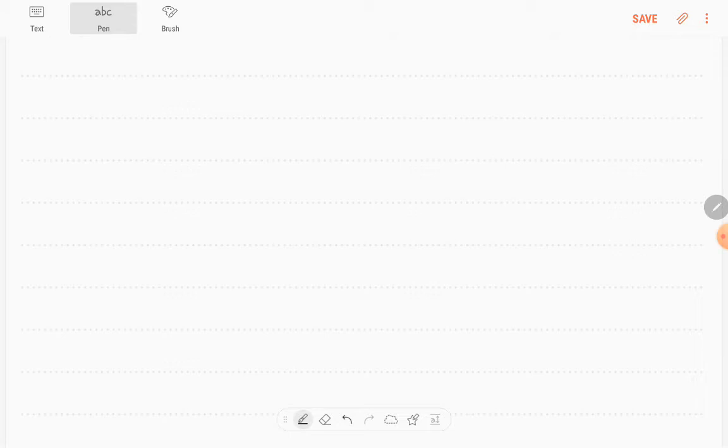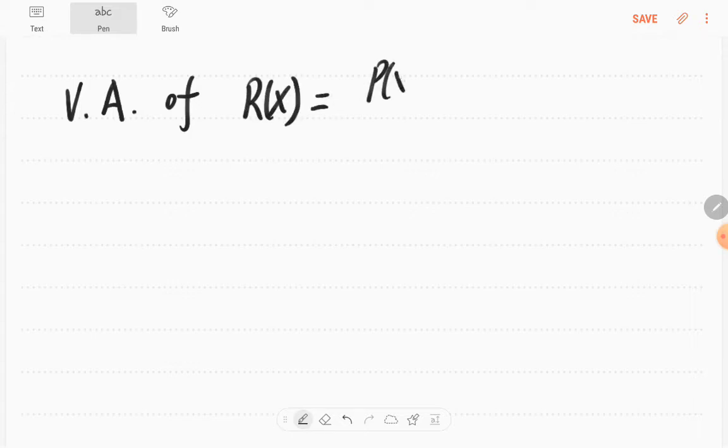So here, let's look at the vertical asymptotes, okay? Vertical asymptote, VA, of a rational function R(x), which is P(x) over Q(x). Here is the first thing.